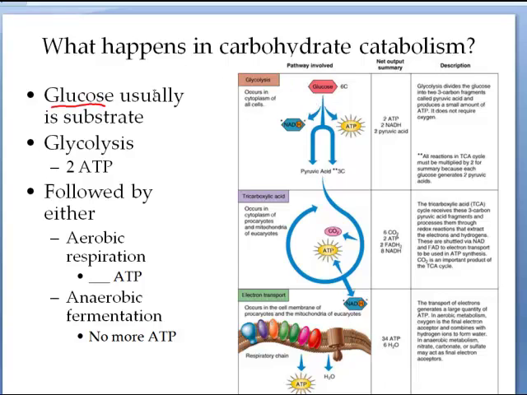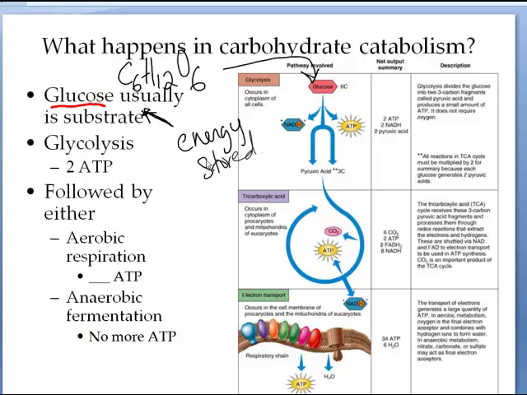Glucose is a molecule with the formula C6H12O6, which means that it has many bonds of carbon, hydrogen, and oxygen in it. It's the substrate molecule that has energy stored in it. The energy that is stored is actually potential energy, which is the chemical energy stored in these bonds.